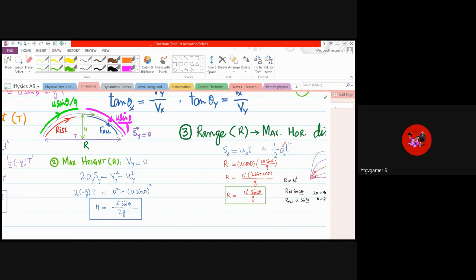So range is the horizontal distance, Shamas. We use s equals u t plus half a t square in the horizontal direction, meaning we write x with all the vectors. Whenever we use an equation in a particular direction, we have to consider all the vectors in that same direction. When we were taking vertical, we were taking the vertical components of all the quantities.